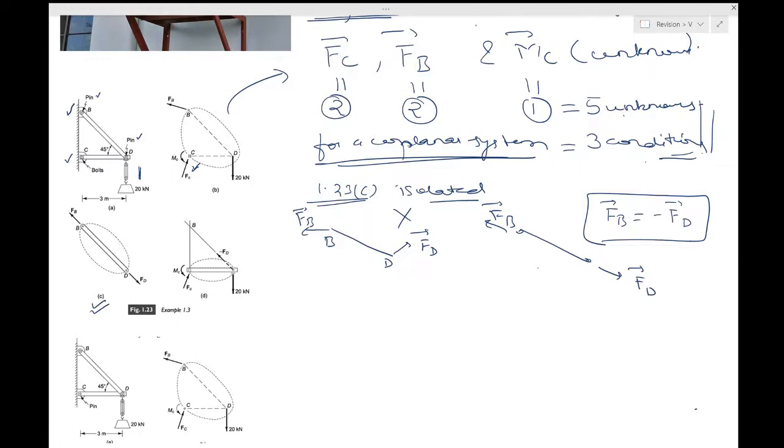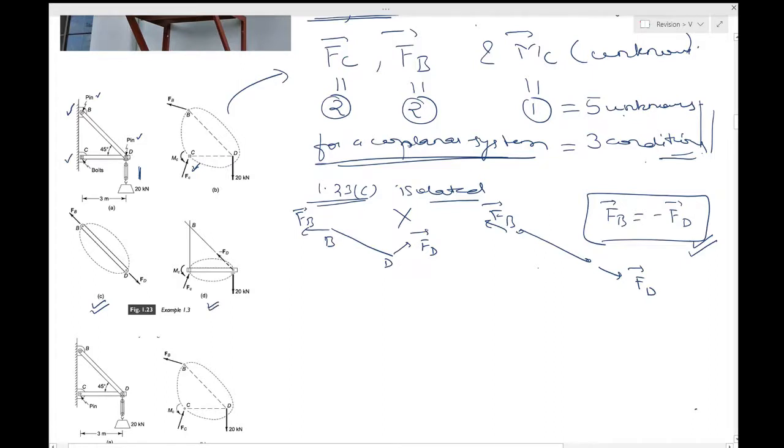Okay, so you have actually got one condition now, but you still need one more. So if you go to 1.23d, you show now the free body diagram of the bar CD.